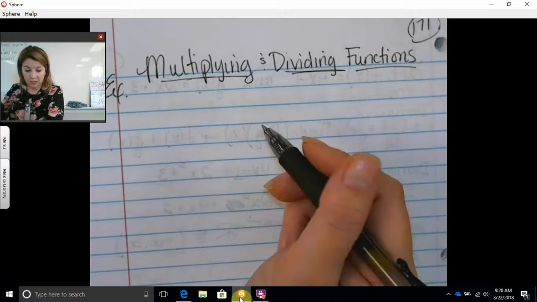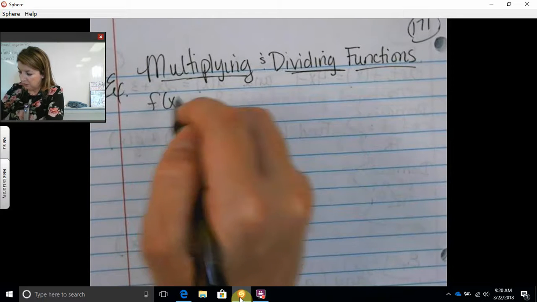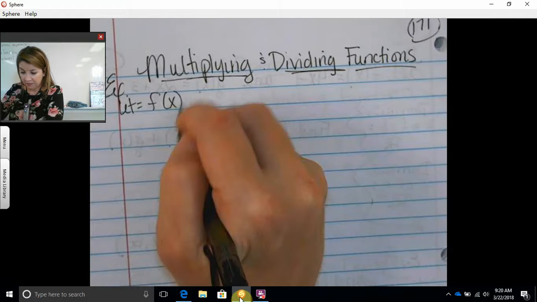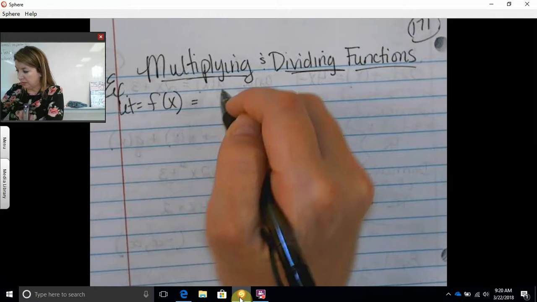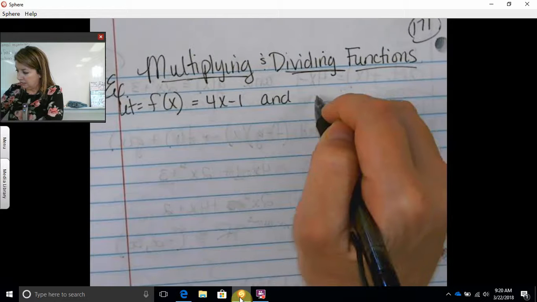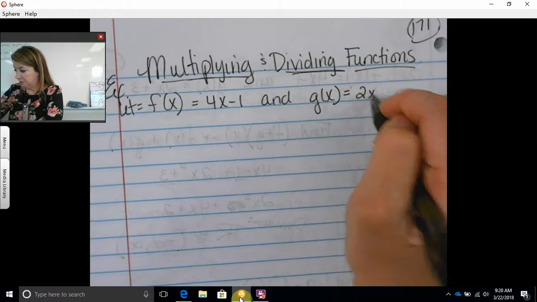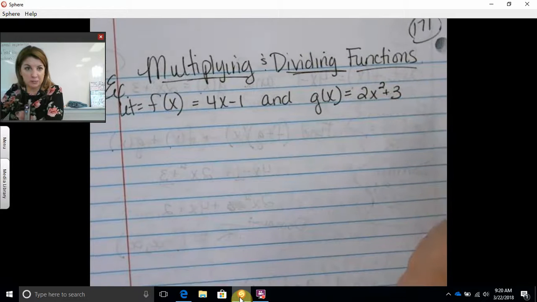Function f, this is the same function as on the previous page, but since it's on a new page, I'm just going to rewrite it. So let function f of x equal 4x minus 1 and g of x equal 2x squared plus 3. And we already said what their domain was on the previous page, so we're not going to restate that.